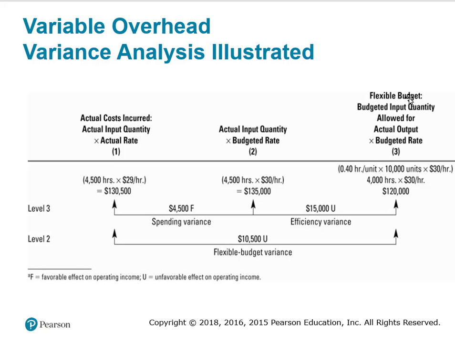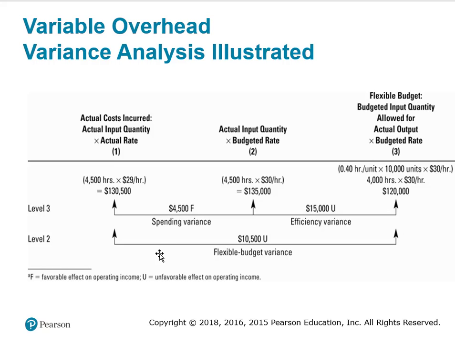And now what they're calling flexible is the budgeted input quantity allowed for actual output. So our budgeted input quantity is 0.4 hours per unit times 10,000 actual units, at $30 an hour. That was our budgeted rate.